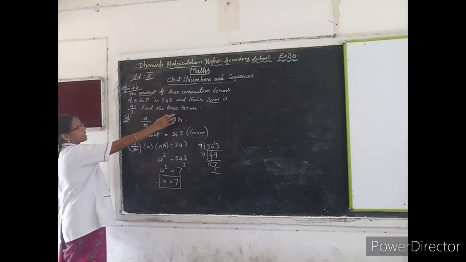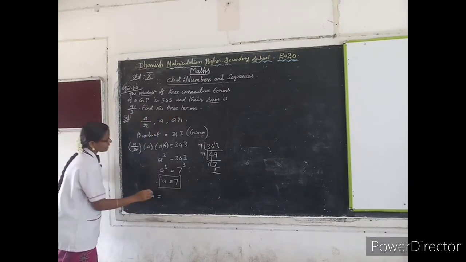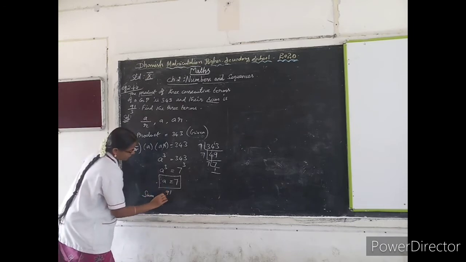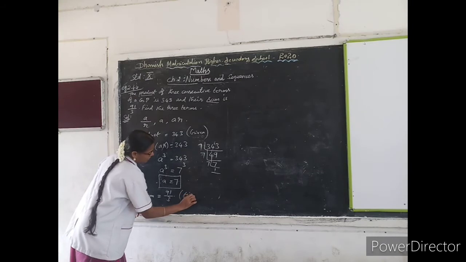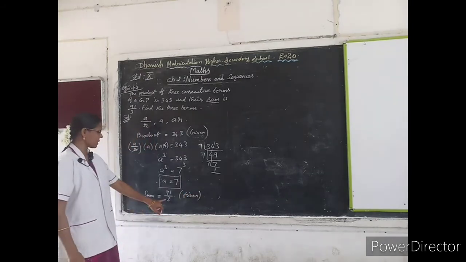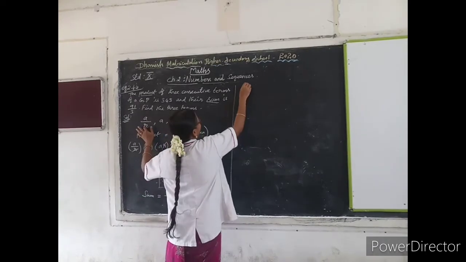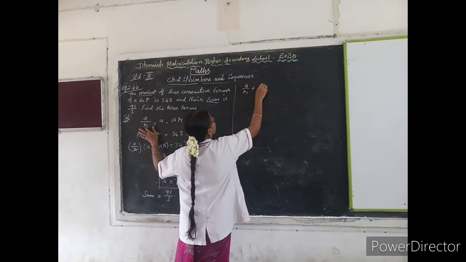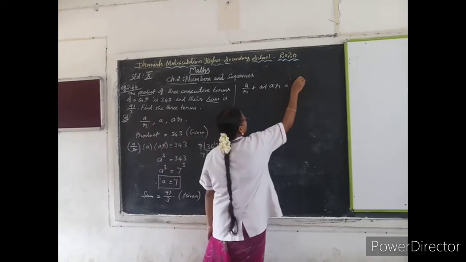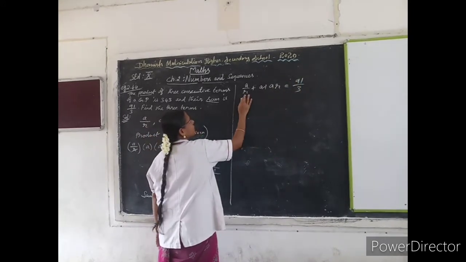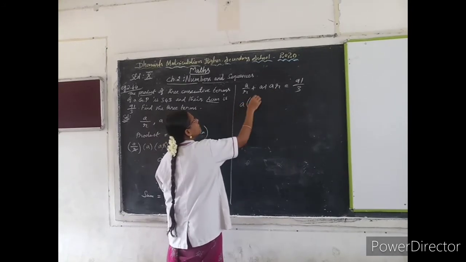Now again by given data, the sum of three terms is 91 by 3. The sum of consecutive three terms of GP is 91 by 3. The three terms are a/r, a, ar. Here a is common.